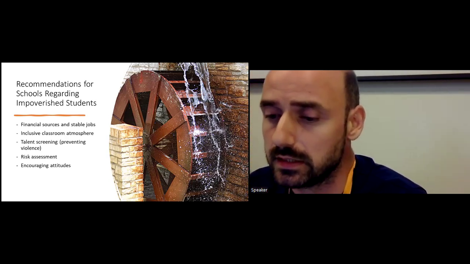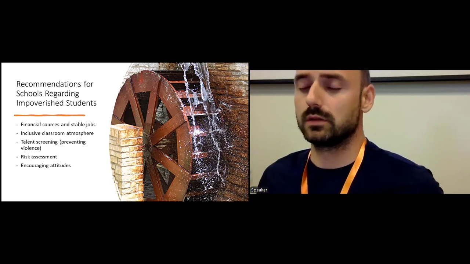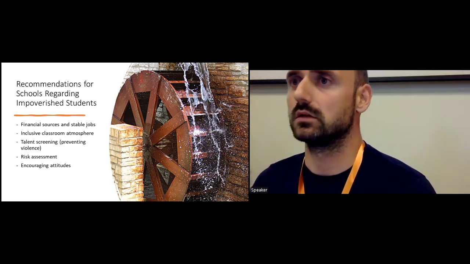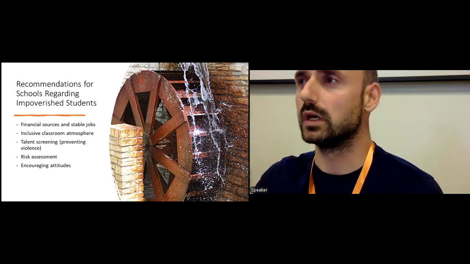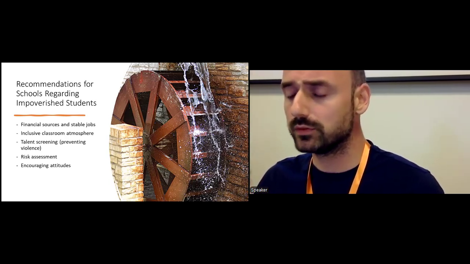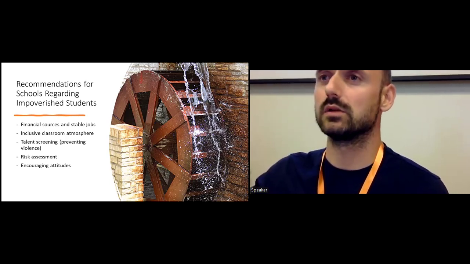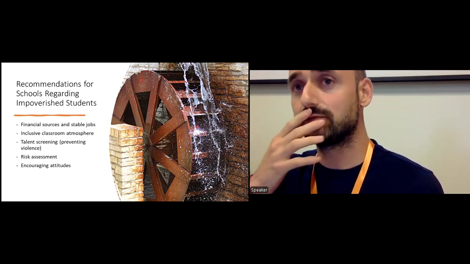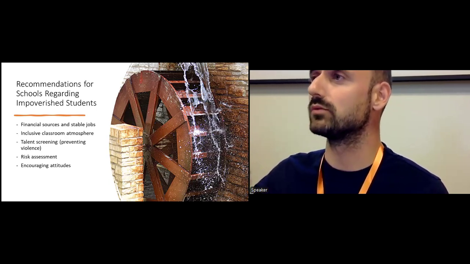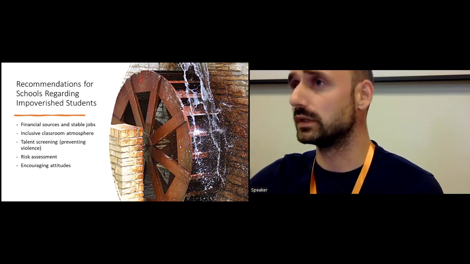Talent screening is another recommendation. Everybody wants to express themselves, right? Everybody wants to be acknowledged and to be recognized. And we want impoverished students to express themselves in healthy ways. If they cannot do that, they might choose to express themselves in violent ways, and we don't want that.